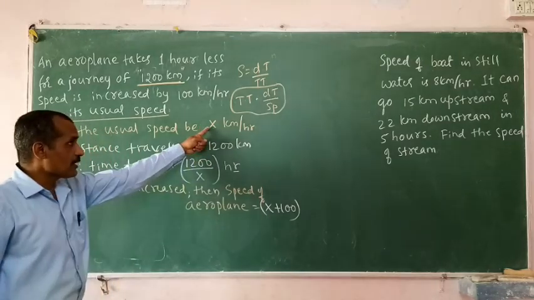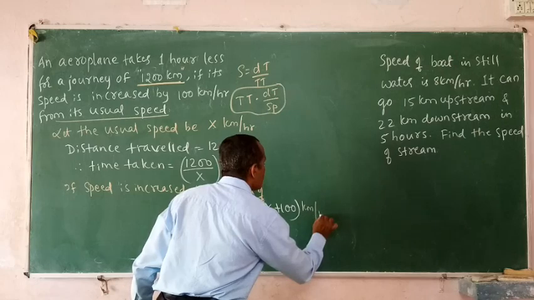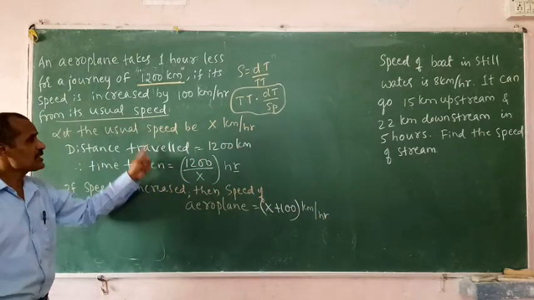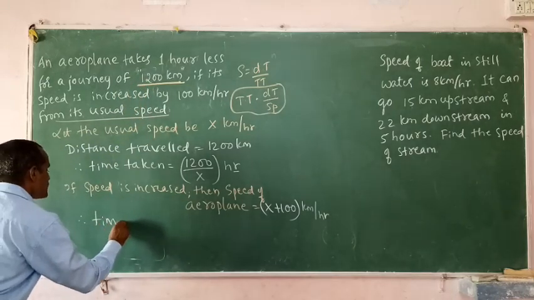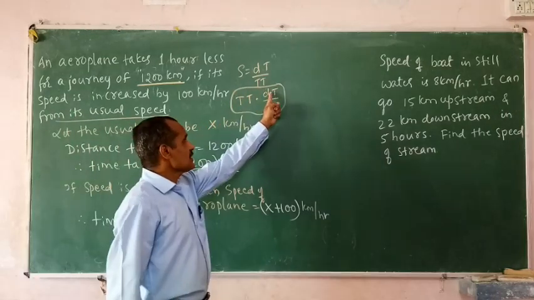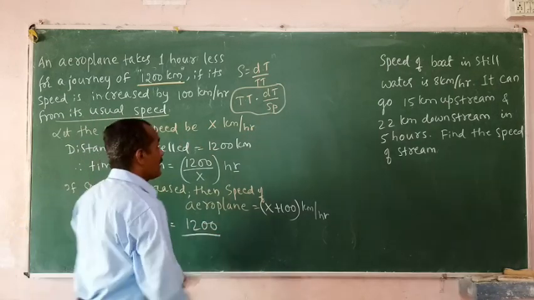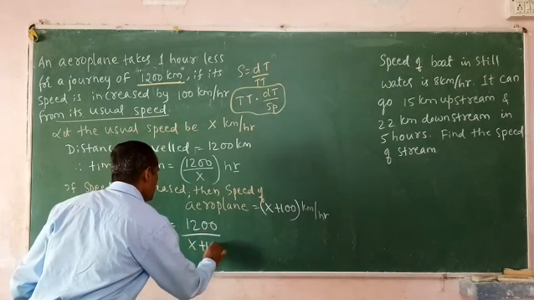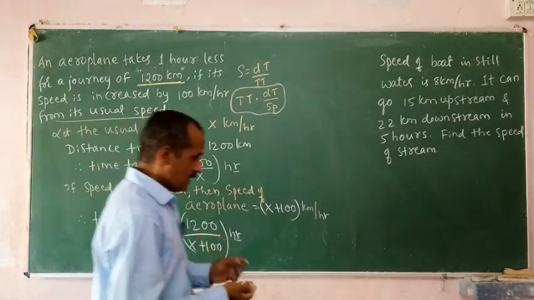Earlier it was x km per hour. Now increased by 100, then x plus 100 kilometers per hour. No need to write the distance traveled. That is same. Distance traveled, no changes. I will write directly time taken. Formula for time taken: distance traveled by speed. Distance traveled is 1200 divided by new speed x plus 100. This is also in hours.